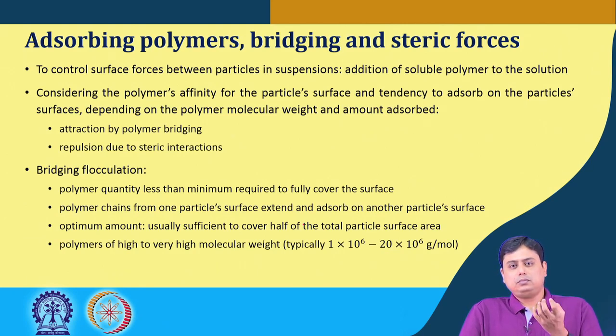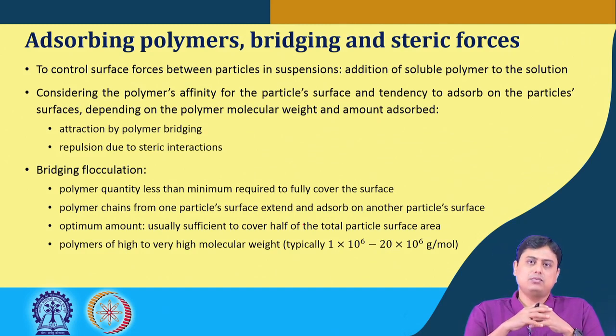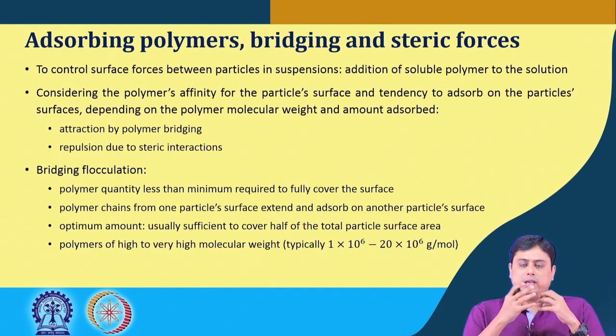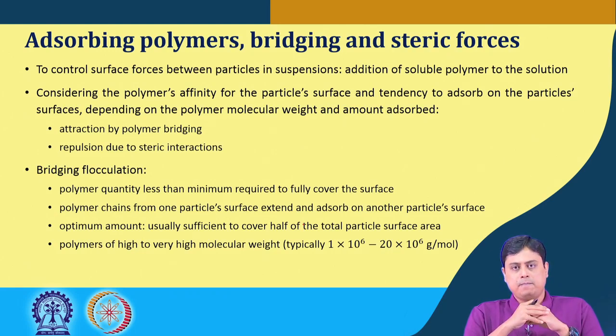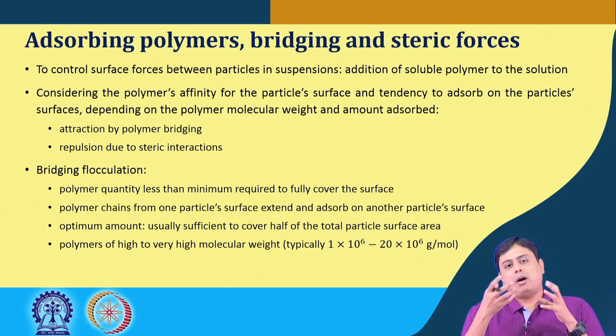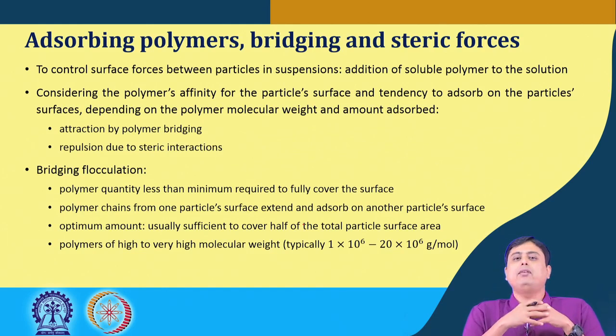So, when we try to control the surface force, we can also add some soluble polymers to the solution. If the polymer has affinity towards the particle's surface and adsorbs on it, then depending on the amount adsorbed and the polymer's molecular weight, we can have an attractive or repulsive force between the particles.